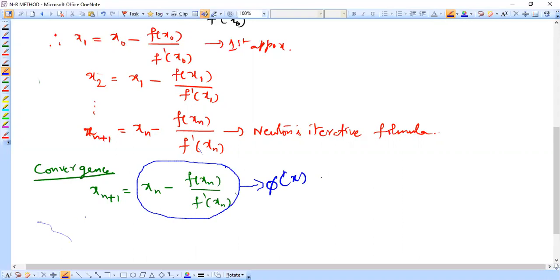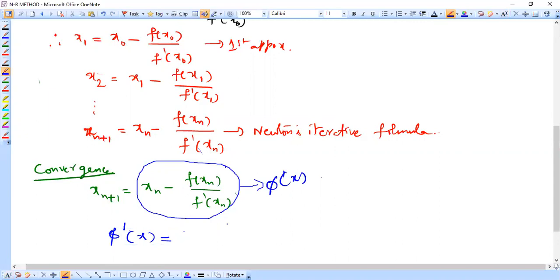Now using the iterative method, what is the condition that we have? Modulus of phi dash x less than 1. So for that, let us find the derivative of this phi of x. So for the RHS part, I am just calculating the derivative.